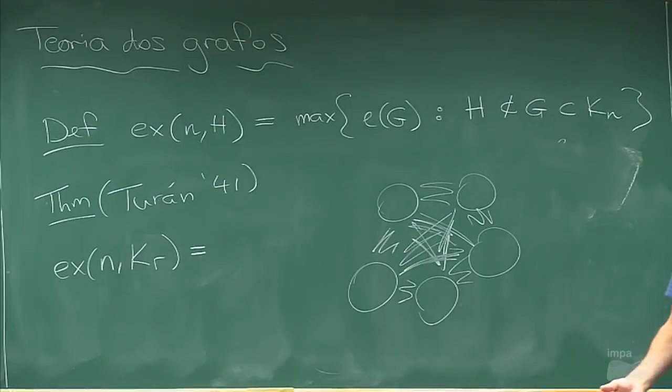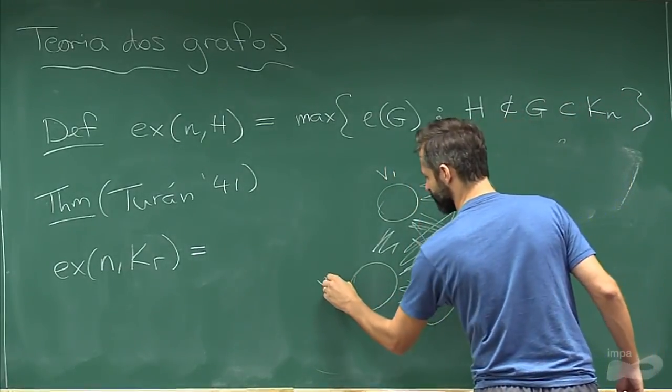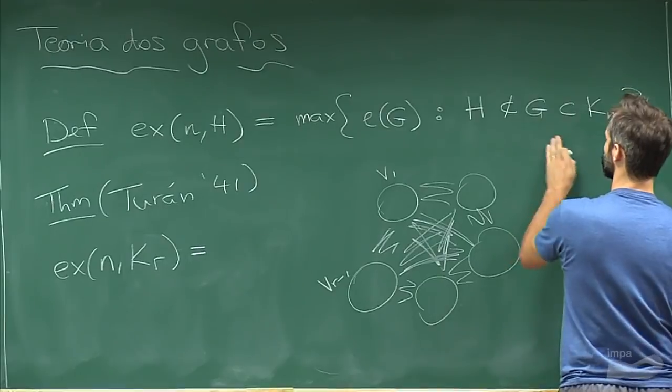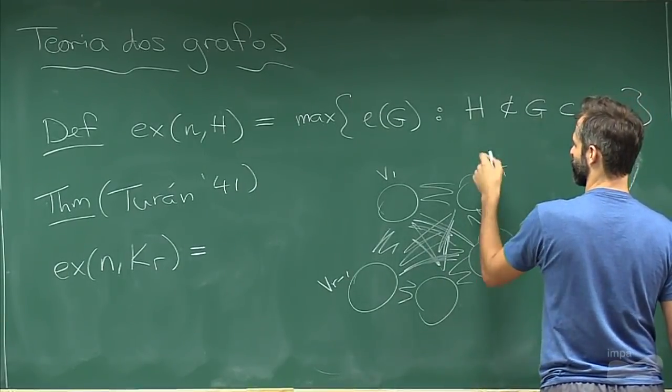This does not contain any copy of K_r, because if you have r vertices, you have to have two of them in the same part. There are no edges inside the parts. So V1 up to V_{r-1}, and they're all of size n over r minus 1, floor or ceiling.